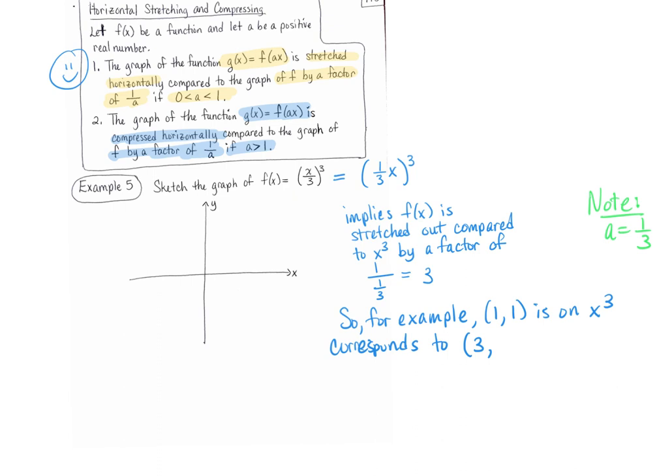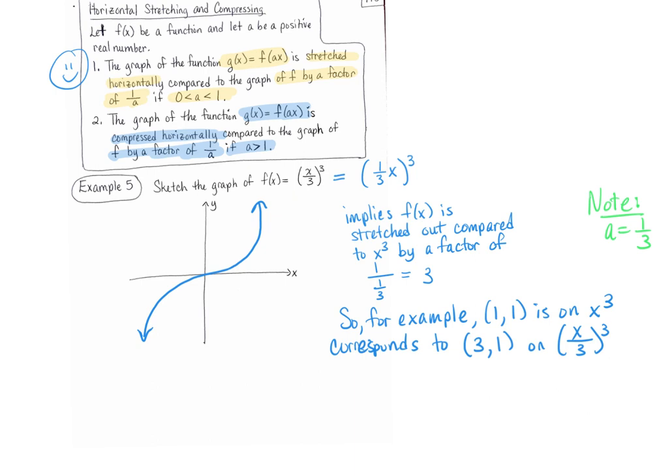So we get (3, 1) on the graph of (x over 3) cubed. So the graph looks similar to x cubed, but is stretched out a little bit. Okay?